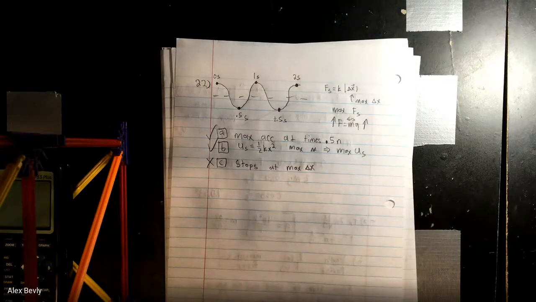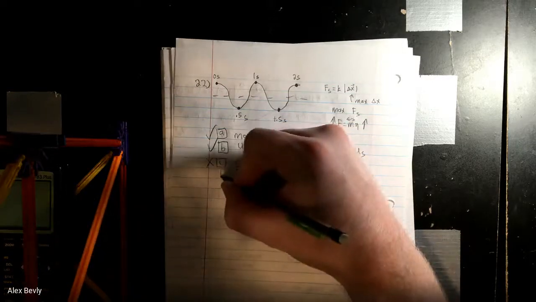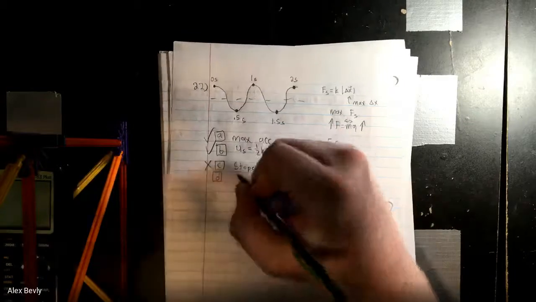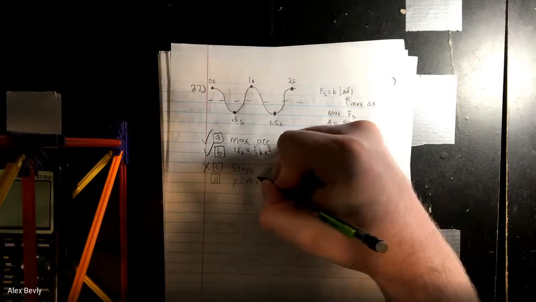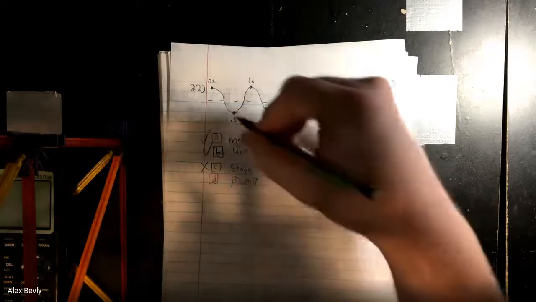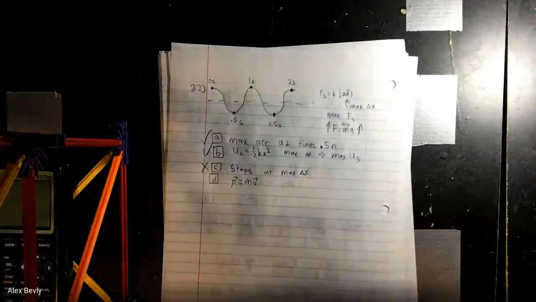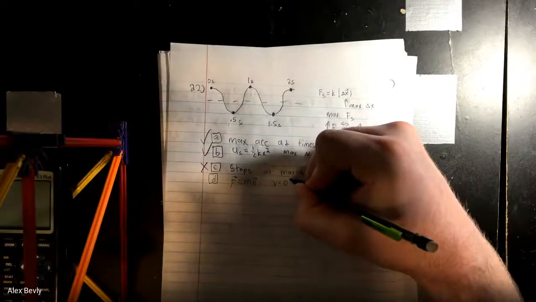And then D is talking about momentum, maximum momentum at these points. Well, let's just write our momentum equation. Mass times velocity. What's our velocity at these points? Yeah, 0. Speed equals 0.